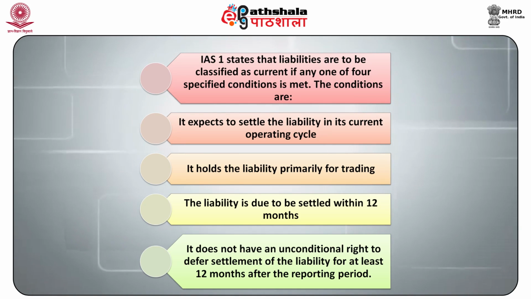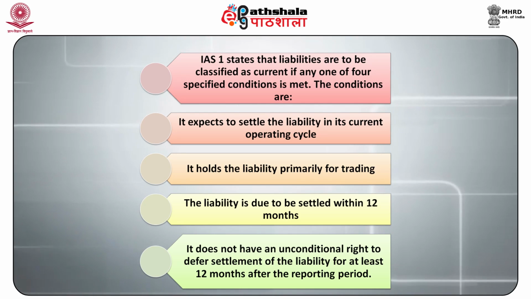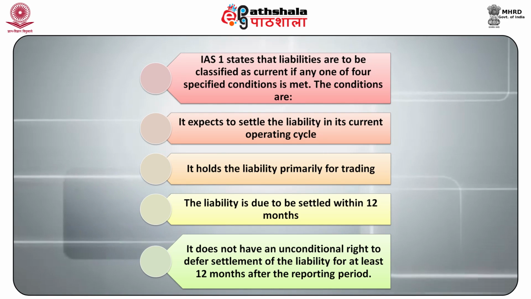C. The liability is due to be settled within 12 months. D. It does not have an unconditional right to defer settlement of the liability for at least 12 months after the reporting period. All other liabilities are to be classified as non-current liabilities.